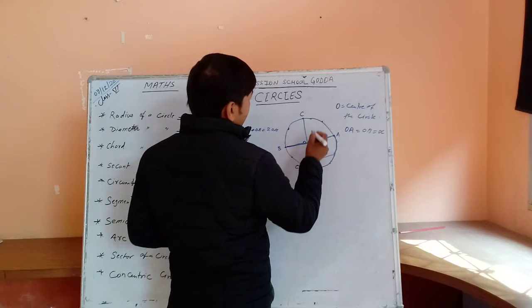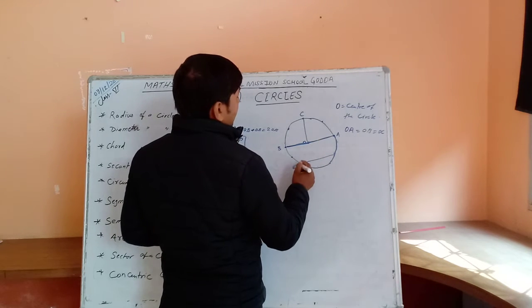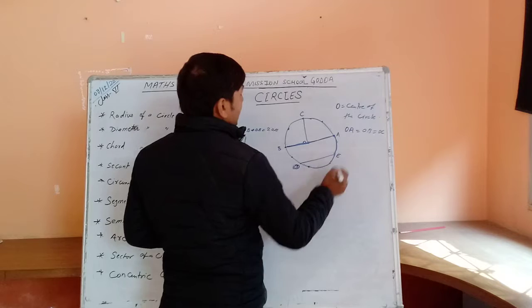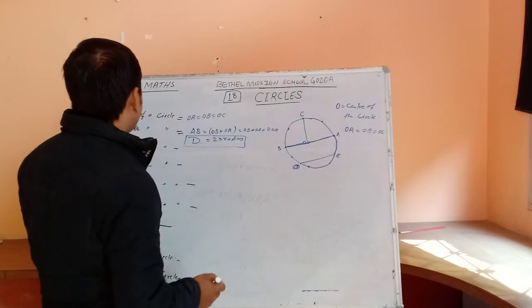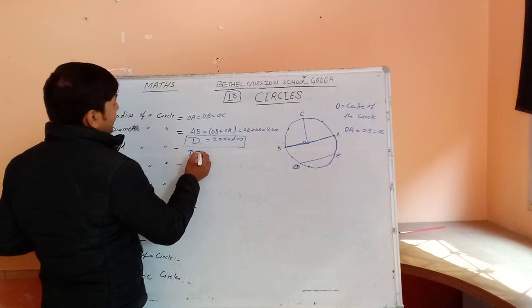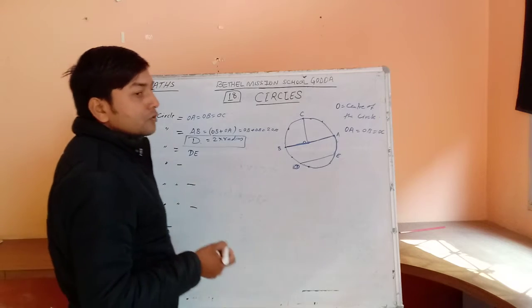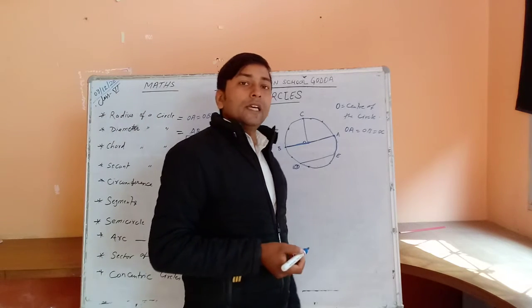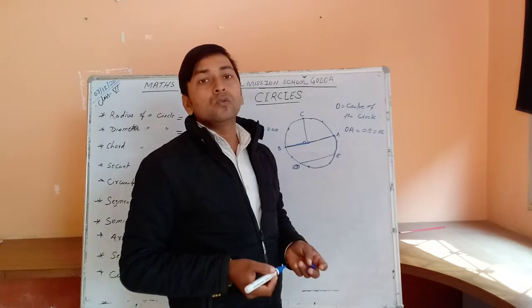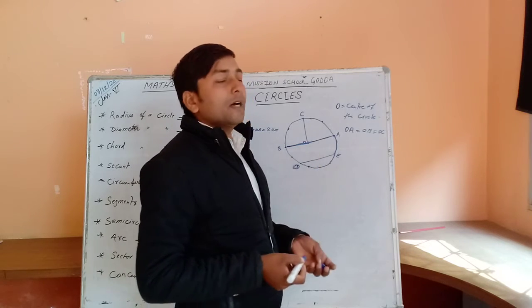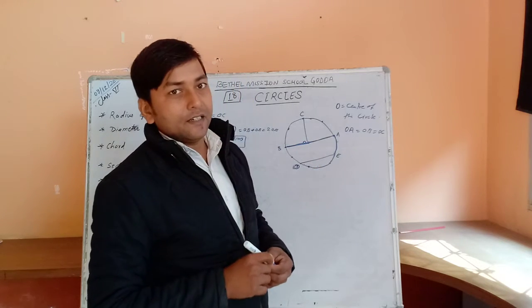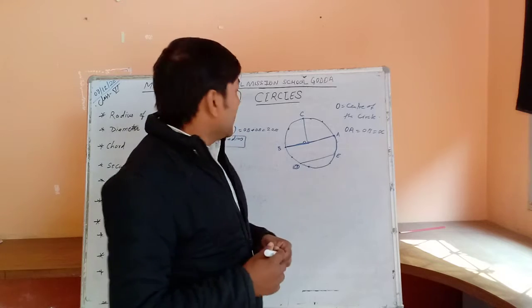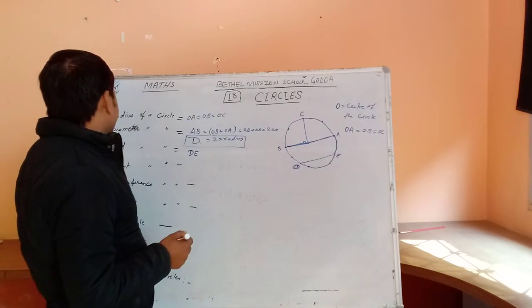That is CD or DE. Give the name DE. DE is a chord. So a chord is a line which touches the circle at two points and does not pass through the center of the circle.